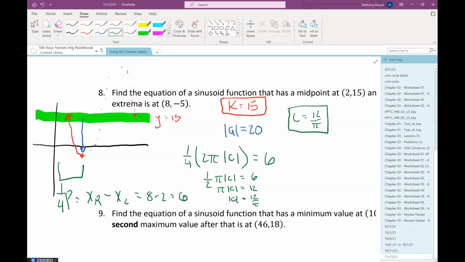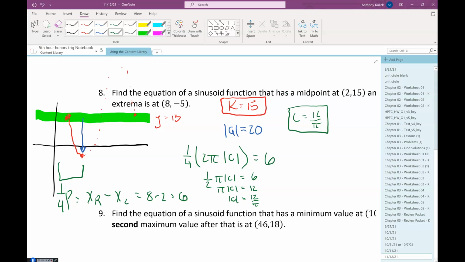Ella? So yeah, you could say that 2 pi over c is equal to 24. Yeah, absolutely. That'd be the same as the equation that I had, just starting by multiplying both sides by 4, which would be the same thing. Sure, totally fine. You'll end up with the same value that I did there. Totally okay to do that.